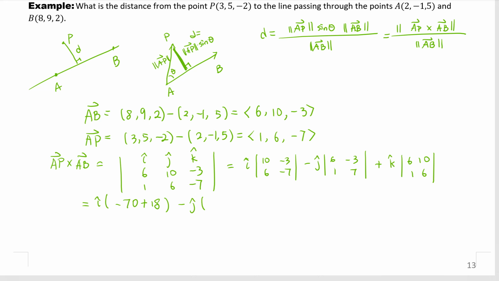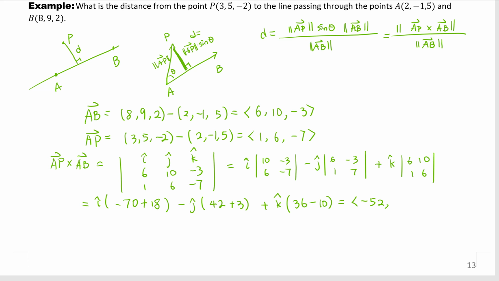Here we have 6 times 7 is 42, minus 1 times negative 3, so it becomes plus 3. Okay, are you following? 6 times 6 is 36. Minus 1 times 10 is 10. So that is minus 70 plus 18 is negative 52.